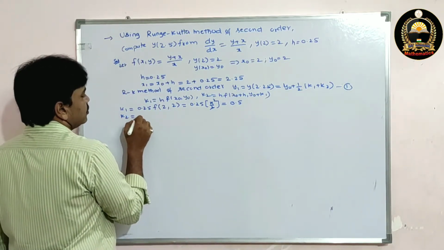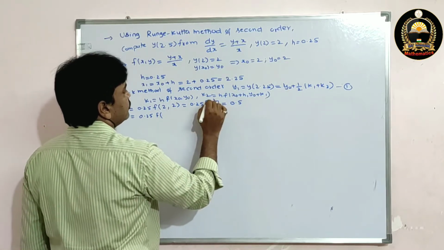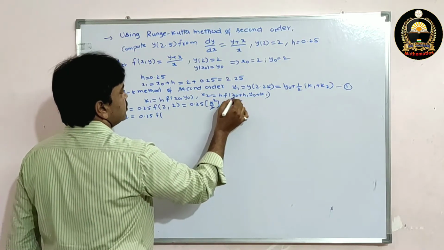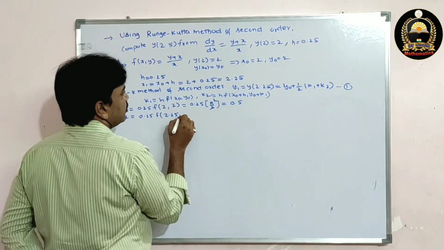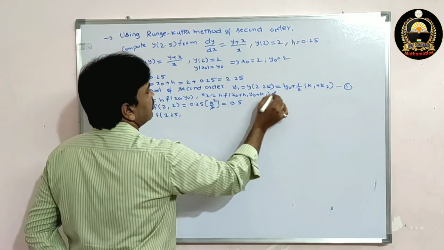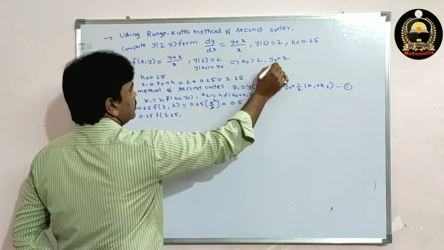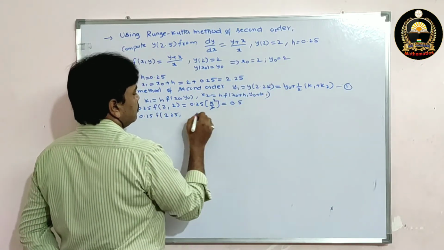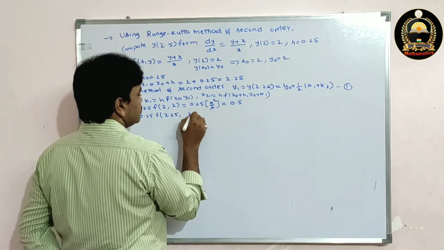So k2 is equal to 0.25 f(x0 plus h, y0 plus k1). What is x0 plus h value? x1, so 2.25, comma y0 plus k1: y0 is 2 plus 0.5, so 2.5.